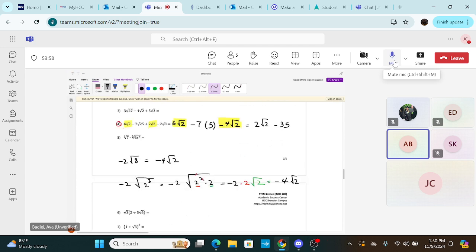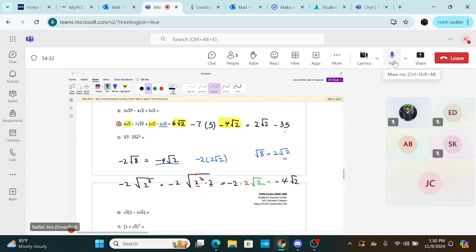So you can say square root of 8 is equal to 2 square root of 2. Now there was also a -2 behind it, so -2 times 2 square root of 2 is -4 square root of 2. That's how we got that. You're going to put it up here. Once you do that, you can also subtract these ones, and you get this final answer.